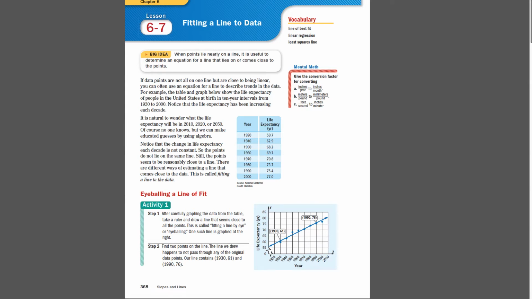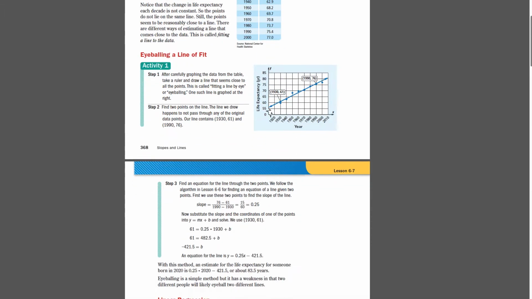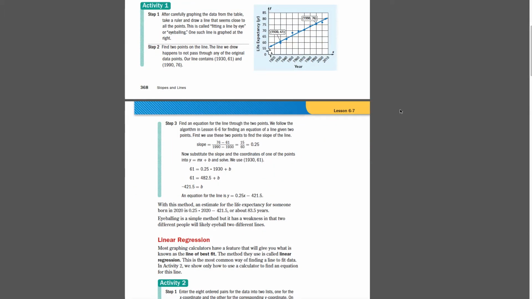We want to get a line, an equation. So our next step is what we've been doing. We've got 2 points. Let's find out the slope. Put it into the slope formula. We find out the slope is 0.25, 1/4. Substitute that back in to the slope-intercept form of the equation so we can solve for b because we have 2 points. So we put in the value for one of the points.